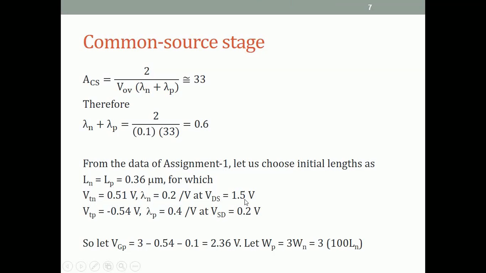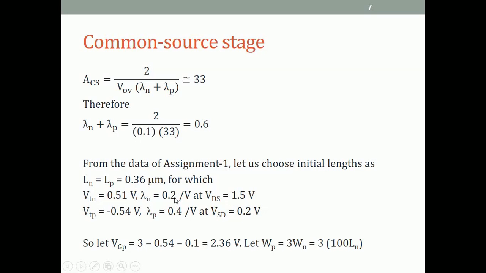Actually, VDS is 2.8 for the NMOS because the VDS of PMOS is 0.2. The total is 3. But because the assignment 1 table had only up to 1.5, I have taken the value of 1.5. It really doesn't matter as we'll see because these are just initial starting values. We are going to change them all over the place.